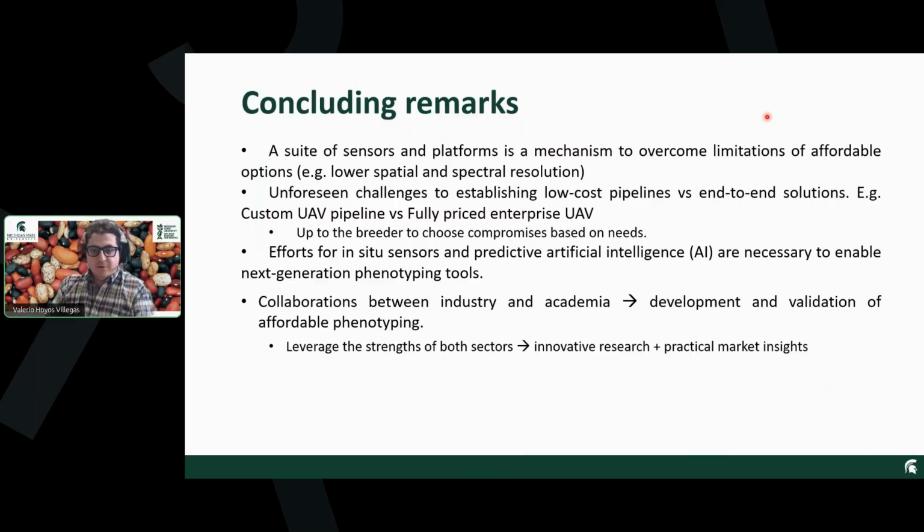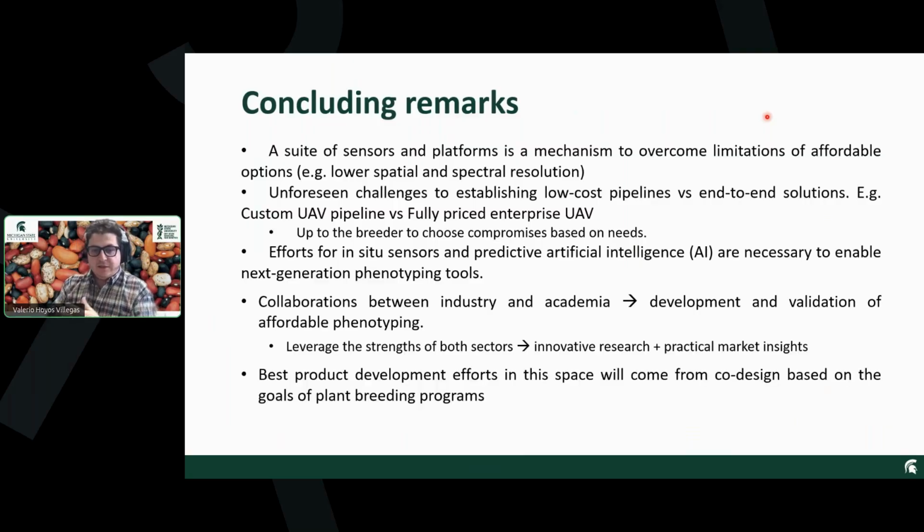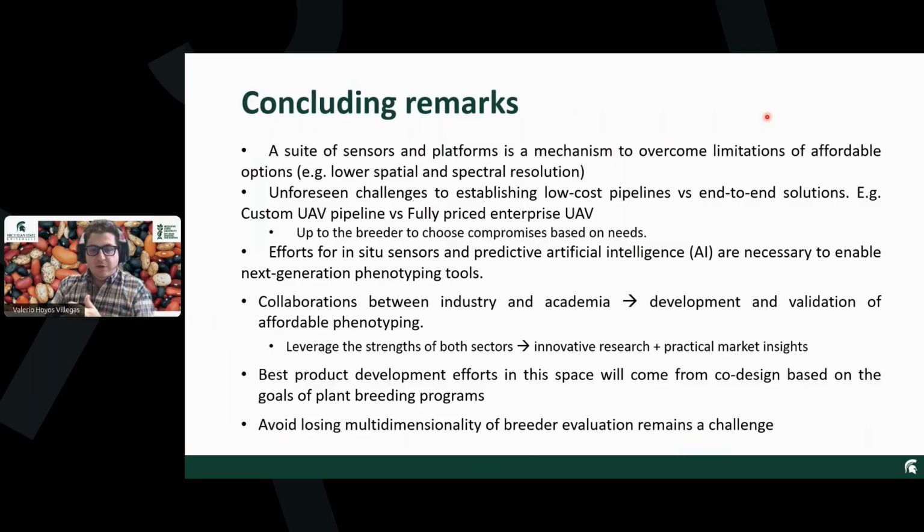So yes, innovative research and practical insights, and the best product development, will come from co-design based on the goals and outcomes that breeding programs aim for. However, breeder evaluations are multidimensional, and the linearity of individual sensors can cause some loss of this multidimensionality, or of the complex decision-making process that goes into the selection process in breeding programs.